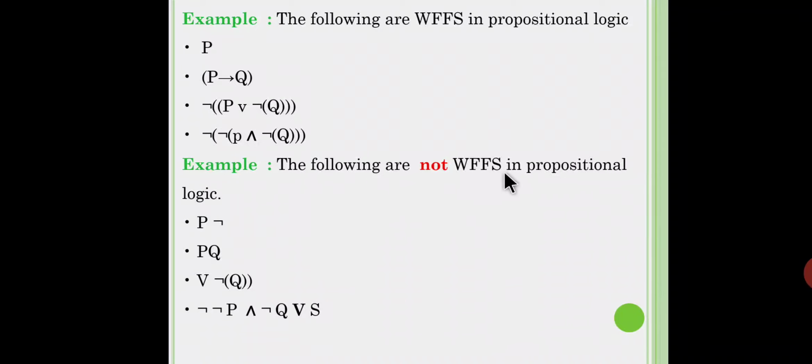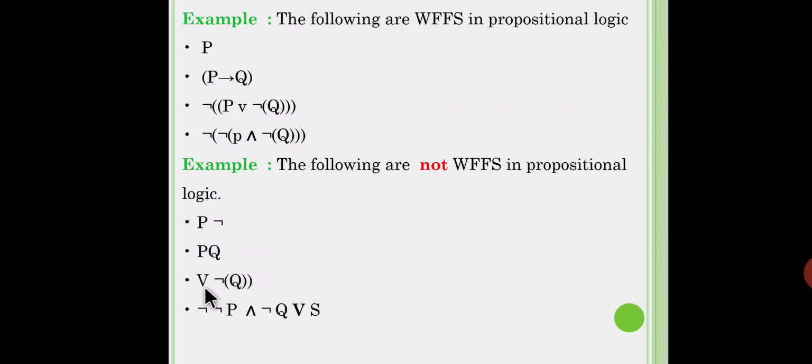The following are not well-formed formulas in propositional logic. First one, P negation. The operator we have to write before the proposition variable, but here it is after the proposition, so it is not a well-formed formula. Second one, PQ. Here two propositions P and Q are side by side and there is no connective between them, so this is also not a well-formed formula.